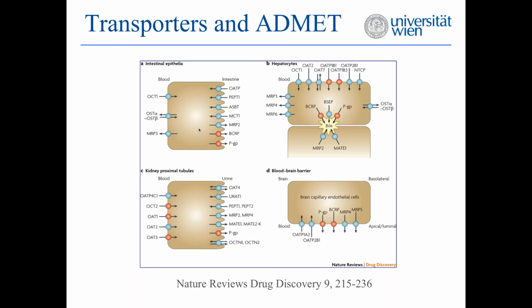We have 48 so-called ABC, so ATP binding cassette proteins in our human genome. And there are other transporters too, which play a role. We have more than 800 transporters in our genome. And it's quite interesting to see the interplay, to learn more and more how they influence bioavailability, how they influence elimination, distribution, and also toxicity.